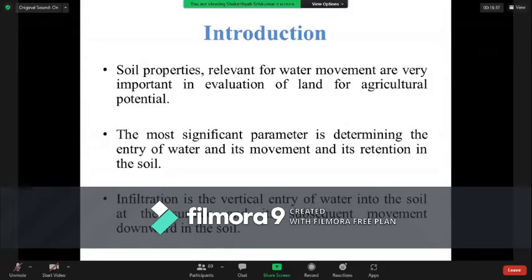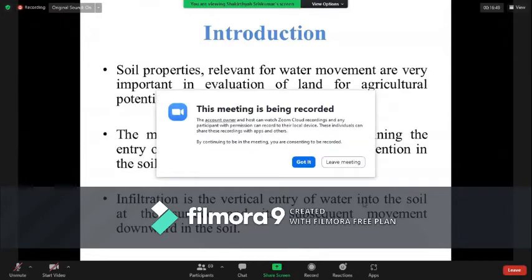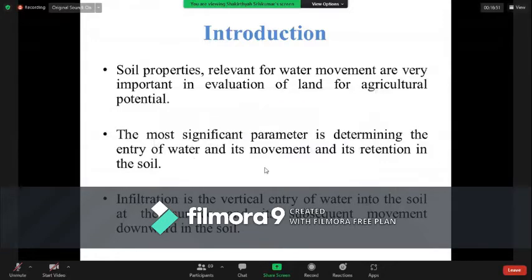So what will happen after the plowing? The soil is made into small clods. Then a space is created between the soil particles, and at that time it will facilitate the moving of water.